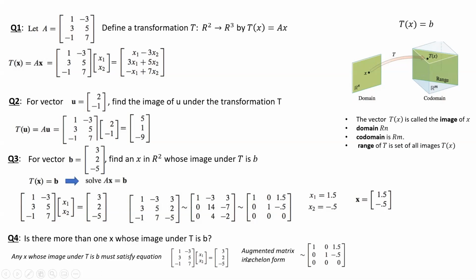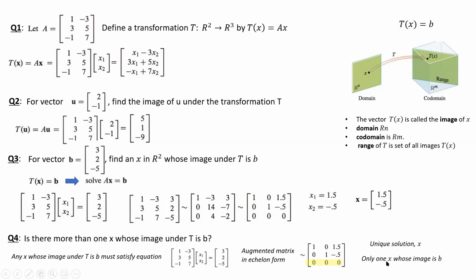When we reduce this equation to echelon form, we had a pretty neat matrix which has pivot columns in both variables, and the third row is equal to zeros, which, according to the uniqueness theorem, gives us a unique solution for x.